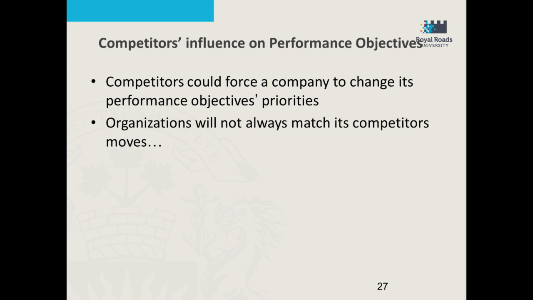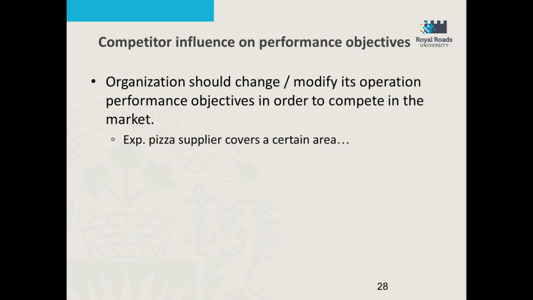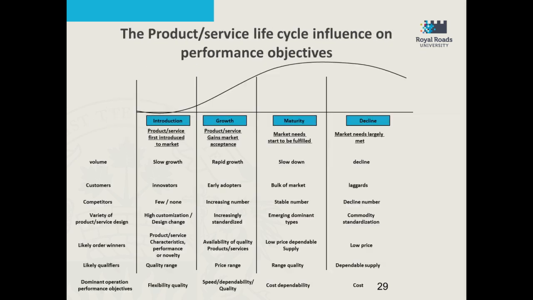If you are, let's say, operating a pizza shop, let's come back to the pizza shop, okay, and you are competing based on price, and all of a sudden there is a nearby shop offering pizza as well, it starts to compete with you based on price, then you need to change your operational priority accordingly. So competitors will certainly influence your performance objective. And finally, product life cycle.